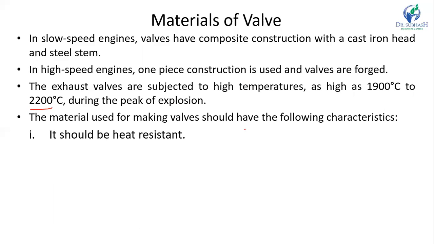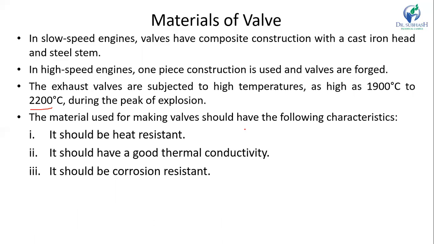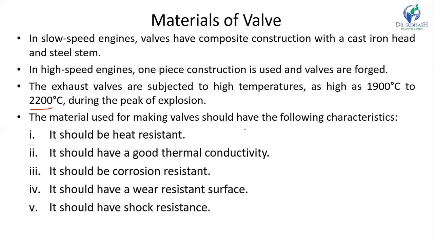It should be heat resistant, because it is subjected to high temperature. It should have good thermal conductivity. It should be corrosion resistant, and it should have a wear resistant surface. And it should have shock resistance. These are the different characteristics for the valve material.